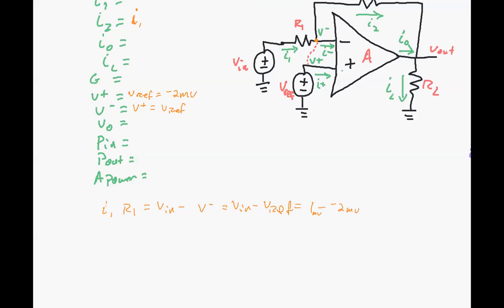That voltage drop is plus 3 millivolts. So that means that I1 is 3 millivolts divided by R1, which is 1K. We've got 3 microamps. So we can write that in.